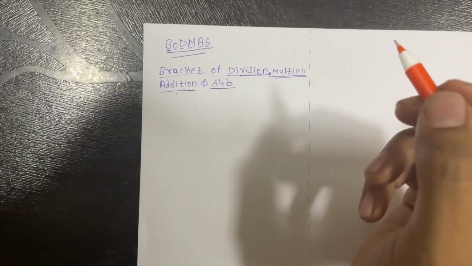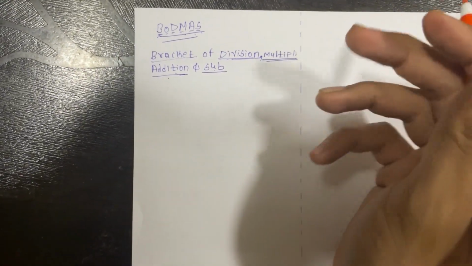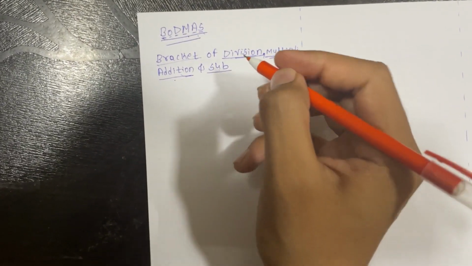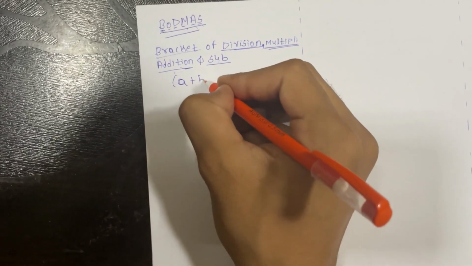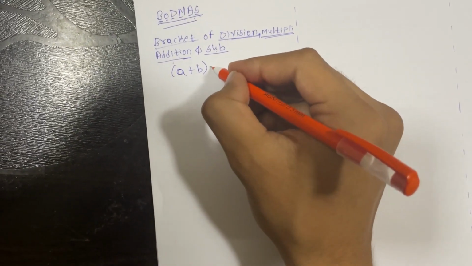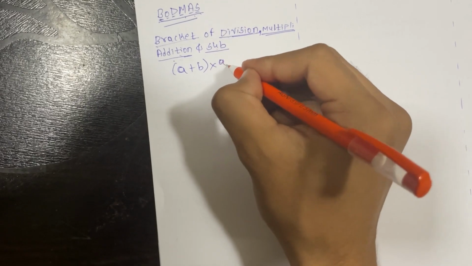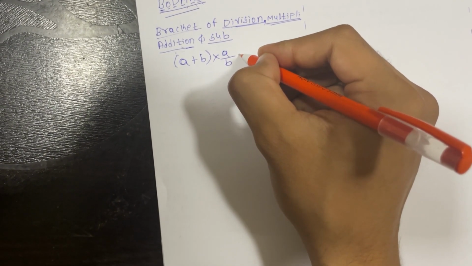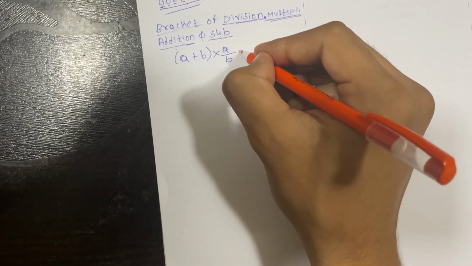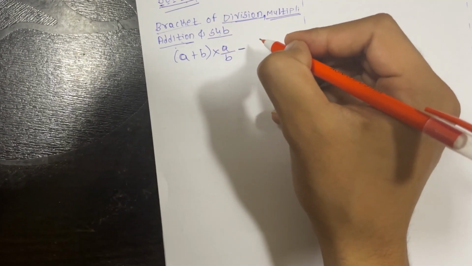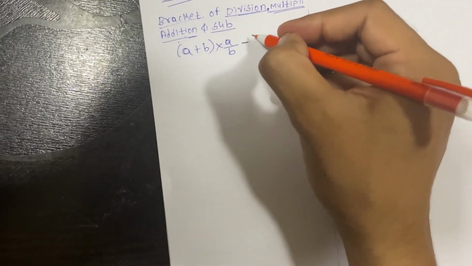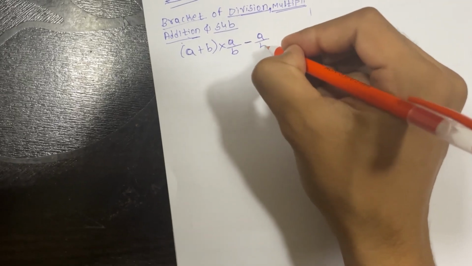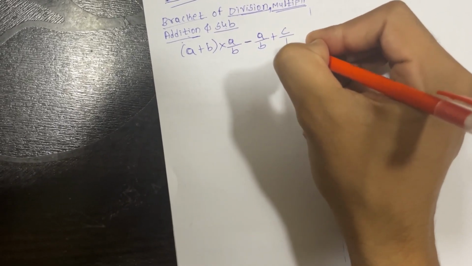Let's look at this with an example. Let's consider we are given a plus b into a by b minus a by b plus c by d.